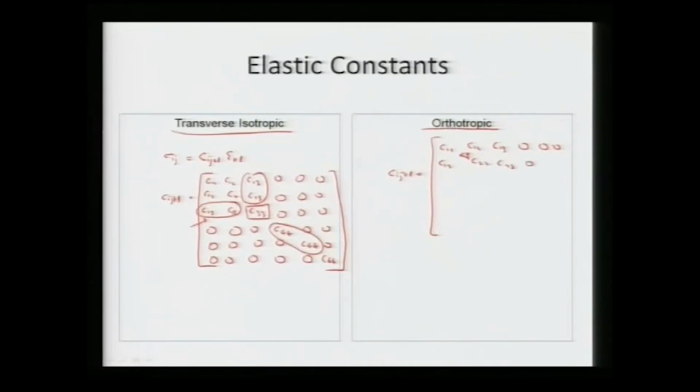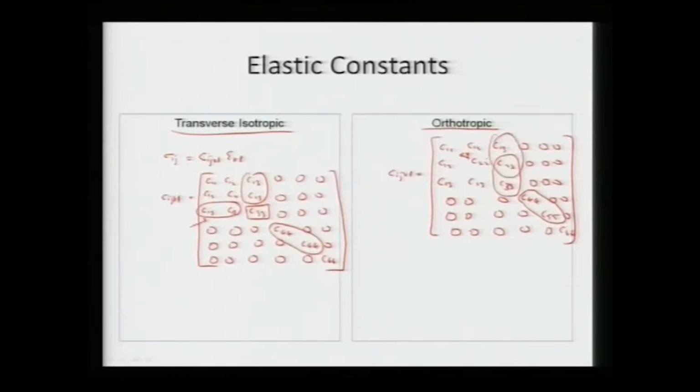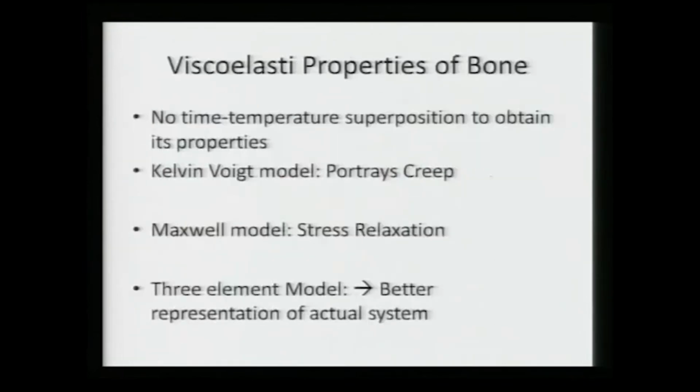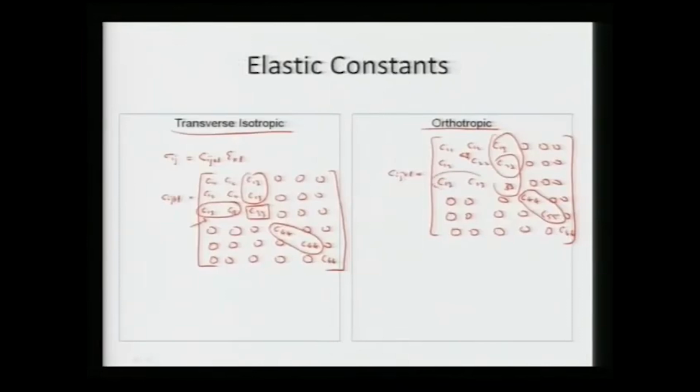C23, 0 0 0, C13, C23, C33, 0 0 0. So we can see that the dependence between them is now eliminated in this particular case. Again there is no dependence out here, and there is no dependence on the other side as well.